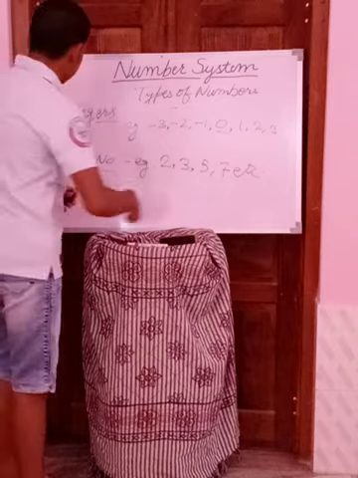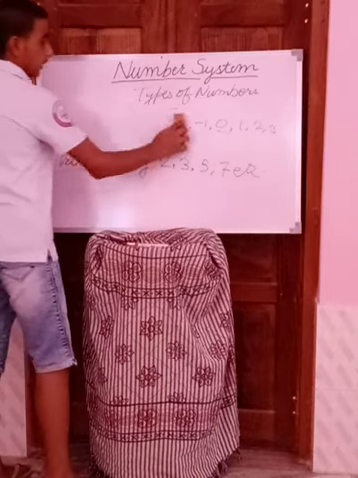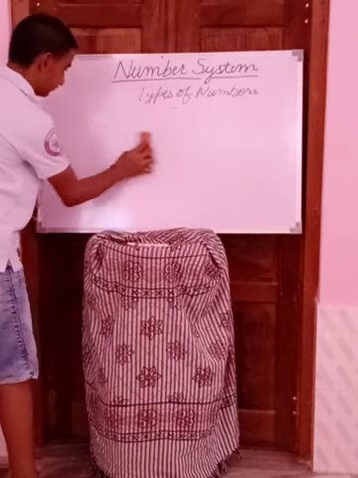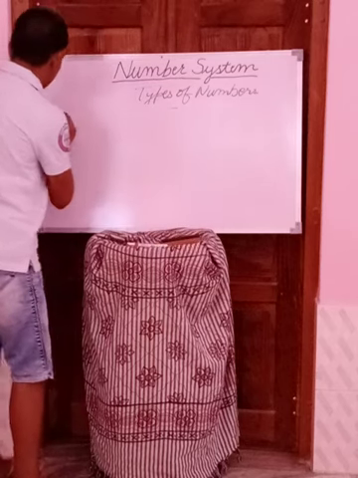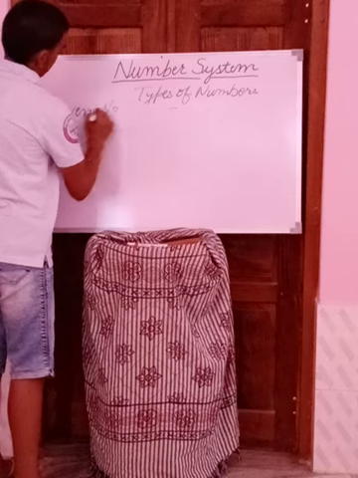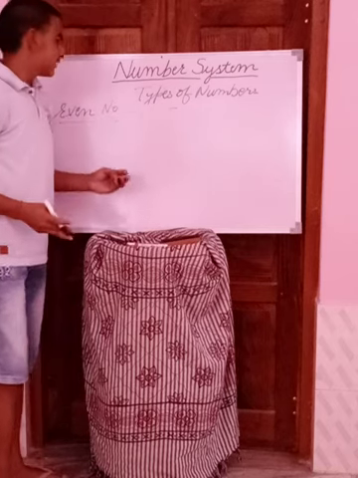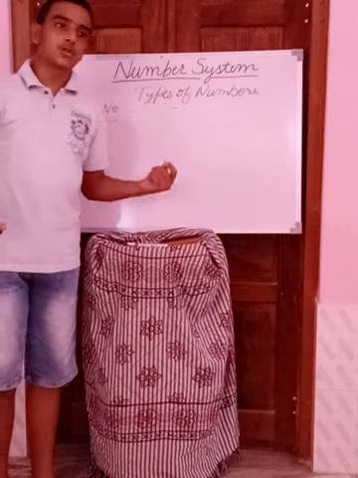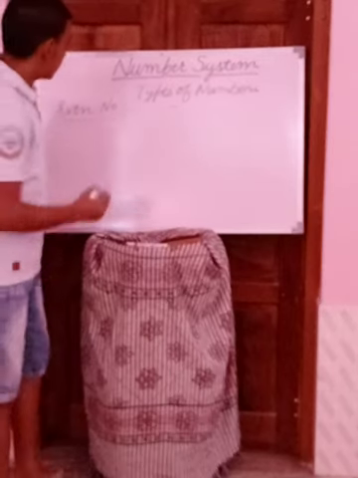So now let's discuss even numbers and odd numbers. Even numbers. As we all know, numbers which are divisible by 2 are known as even numbers.